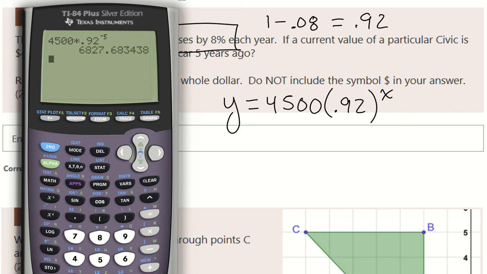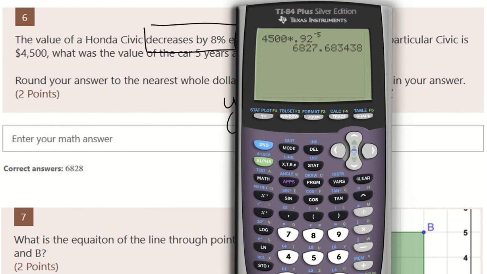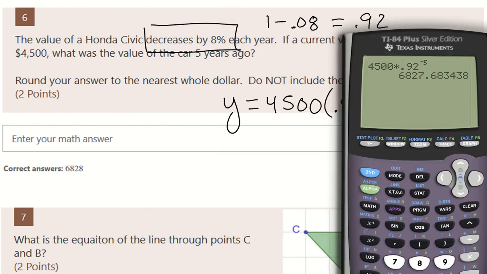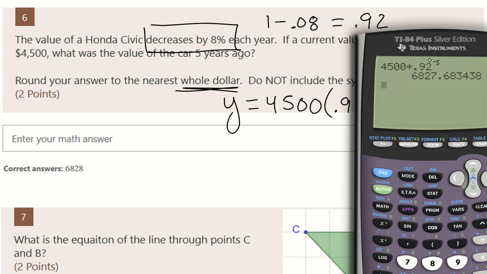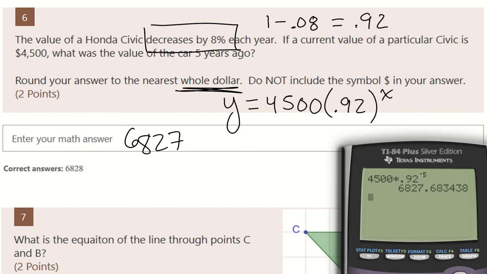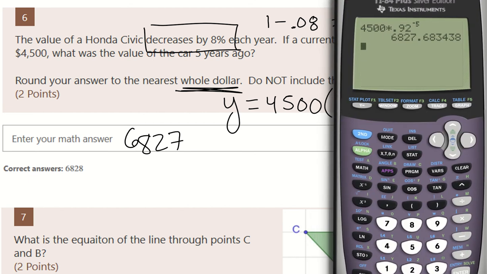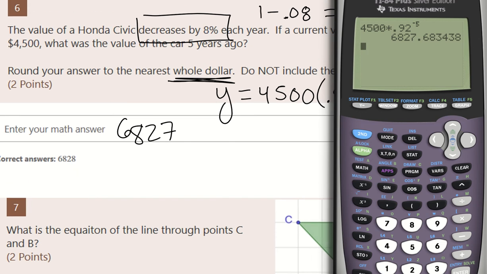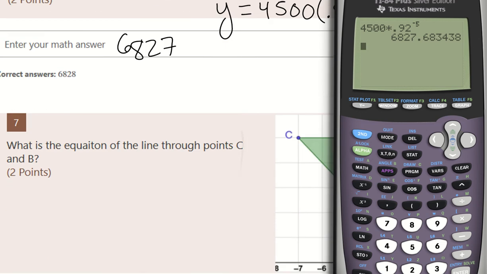When I do that, I get the value of the car is $6,828 if I was rounding to the nearest whole dollar, right? Round to the nearest whole dollar. So what you should have entered for your answer was exactly that, 6827, because it did say to the whole dollar, and I asked that you not include the dollar symbol. It's nice to have units, but it just makes it cleaner for me with the thing that checks these if that's not in there.